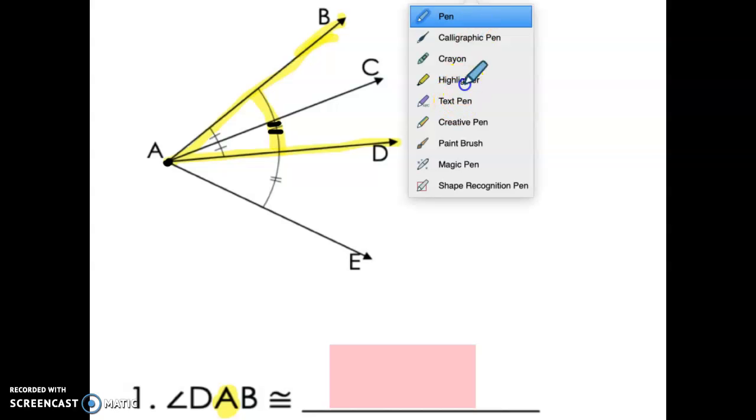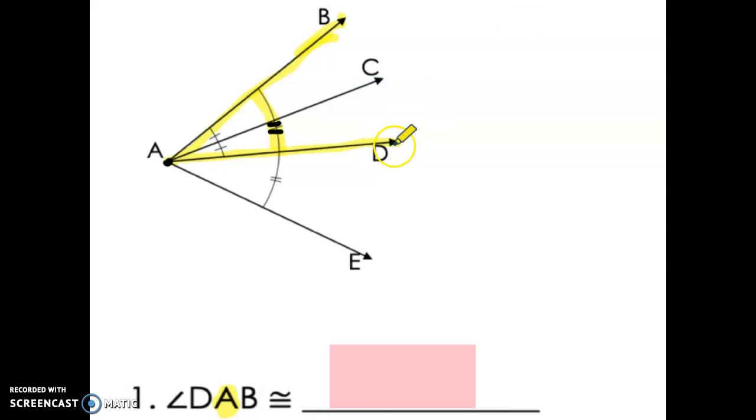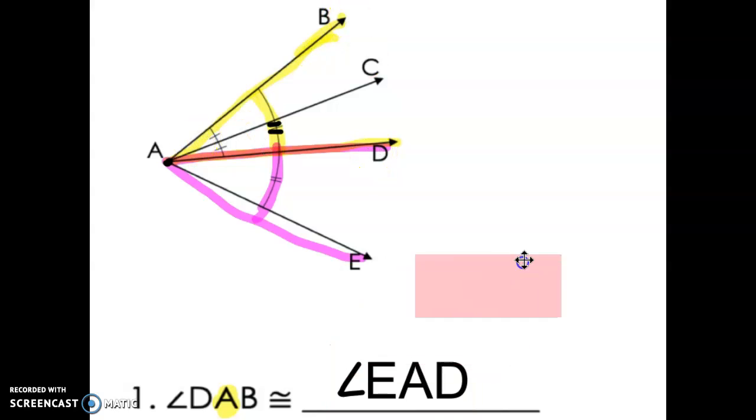When you look on your picture here, we'll see that angle EAD also has our 2 congruency marks. So that means that angle DAB is going to be congruent to angle EAD.